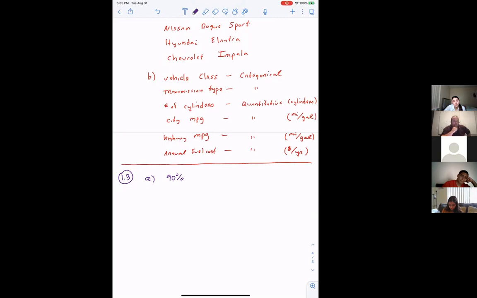Okay, so what about the other 10%? They use other sites. Exactly. So what percentage use others? That's 10%, right? 10% is others and 90%. Okay, so that was fairly straightforward.